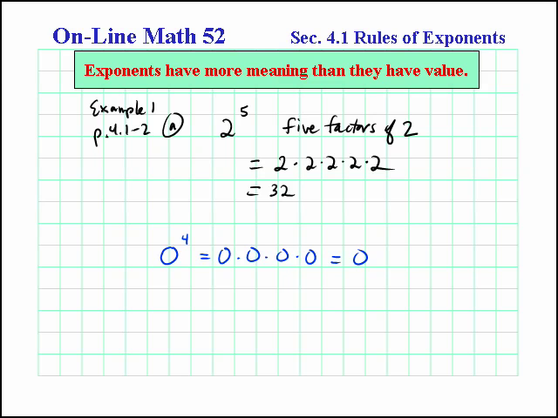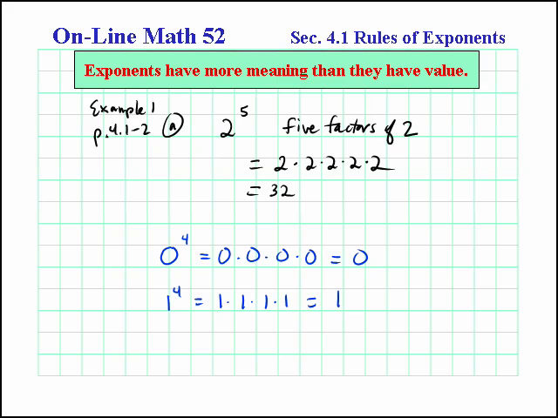It's not going anywhere. It's still 0. Same is true for 1. If we had 1 to the 4th, that's 1 times 1 times 1 times 1. 4 factors of 1, but it's not equal to 4. 1 times 1 is 1, times 1 again is 1, times 1 again is 1. It will equal 1. And that's true no matter what the exponent for 1 or 0 is. Notice what they equal. Those are a couple rules that you'll find on that page.